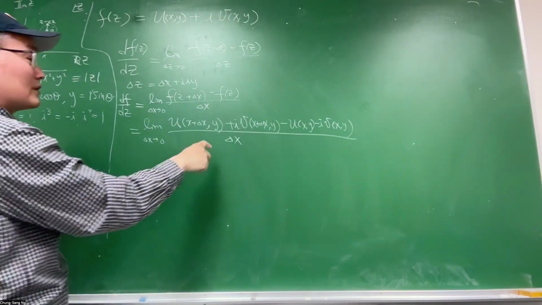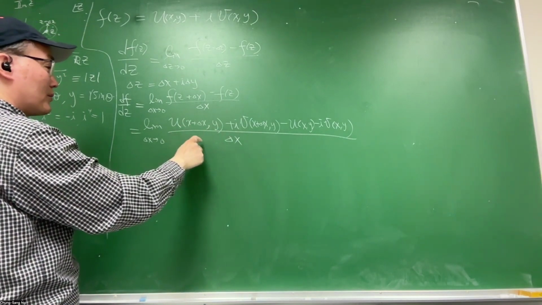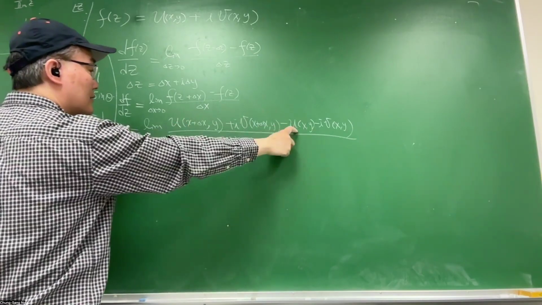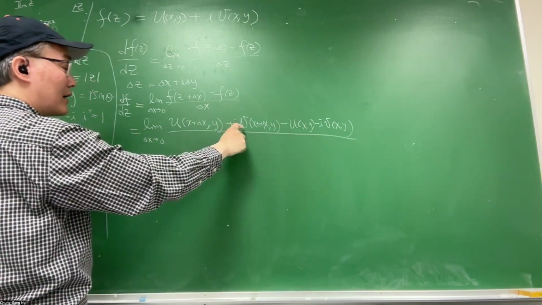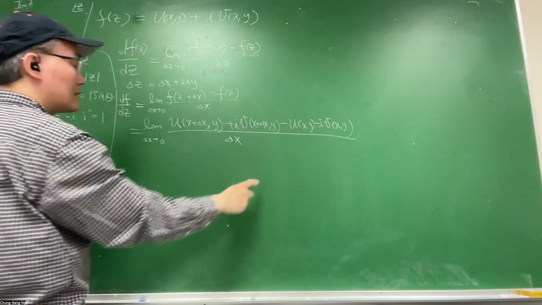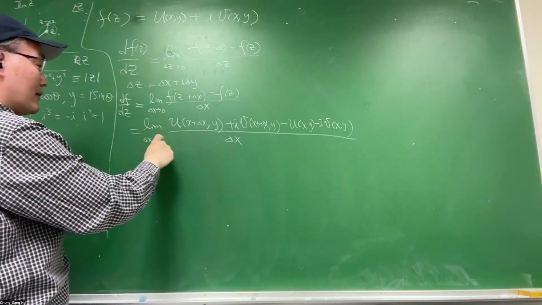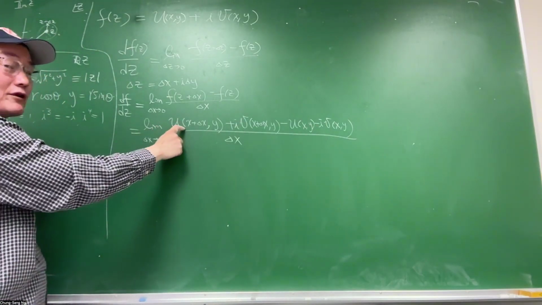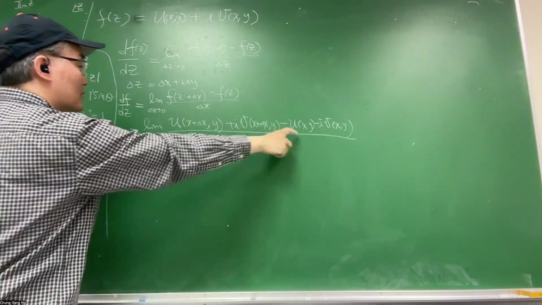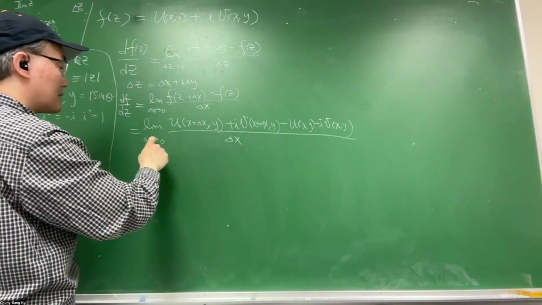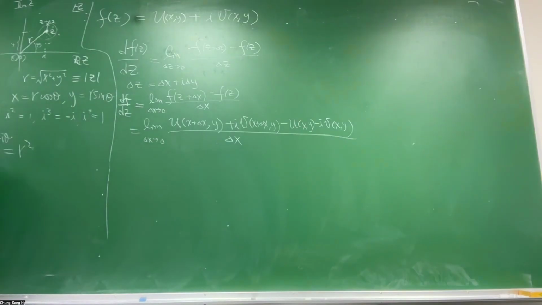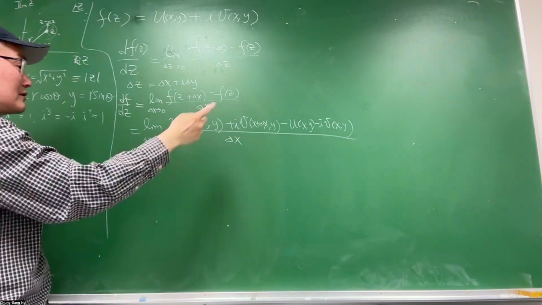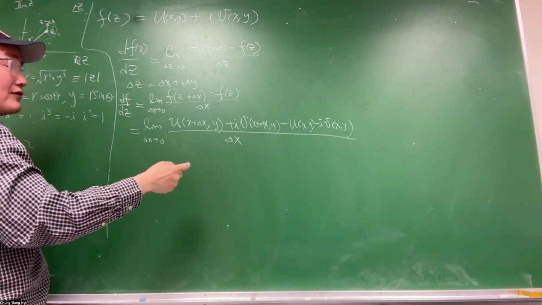Now you group the terms, real and imaginary parts. The real part is this one minus this one. The imaginary part is this one minus that one, right? And by the usual, u and v are real functions, and delta x is also real. Now you can do the same thing, just the usual calculus, the definition of derivative.